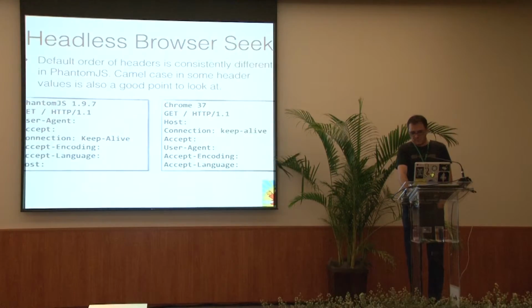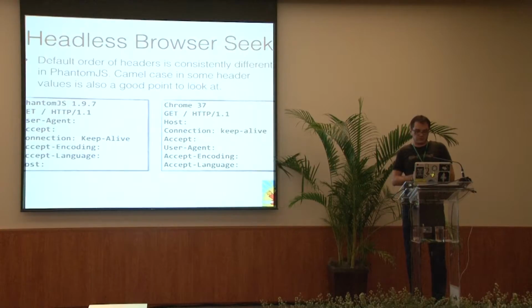Another observation that we made is the order of the HTTP headers. There are some major differences, actually, and those differences come from the fact that PhantomJS is using the Qt framework's network stack to implement all these HTTP layer things.